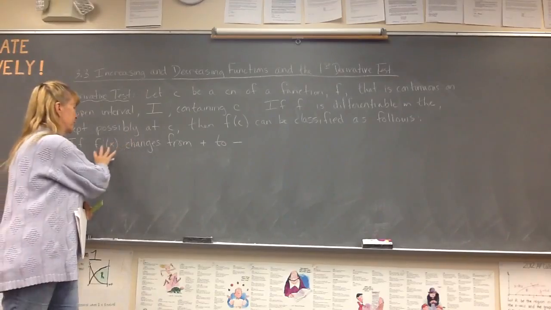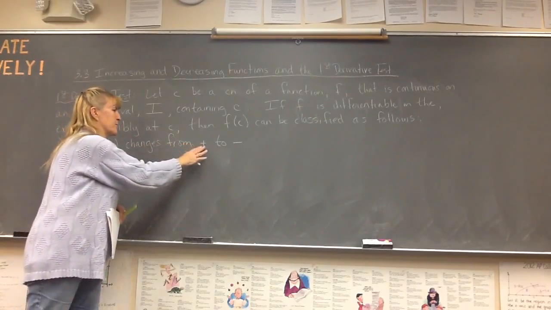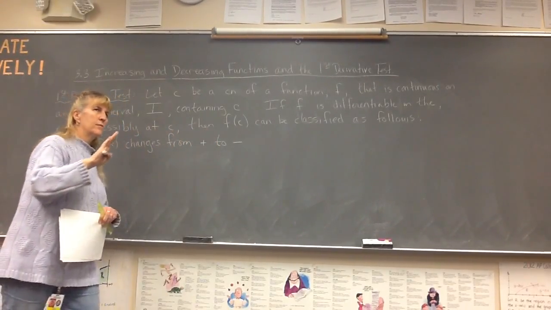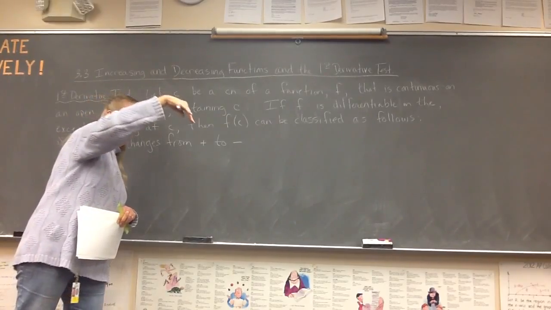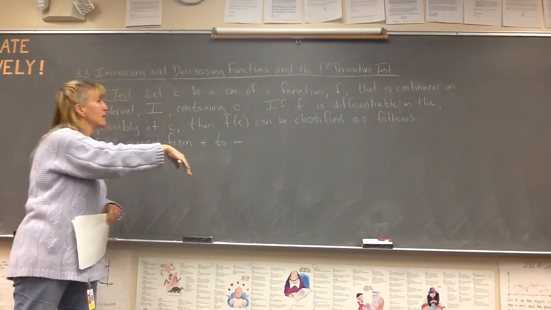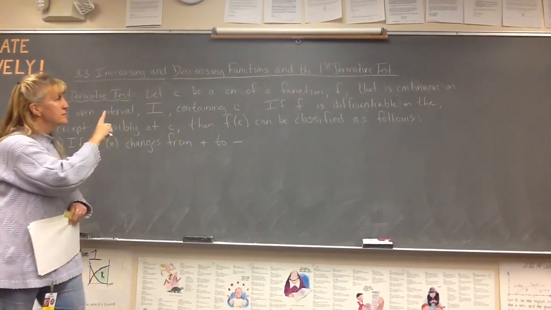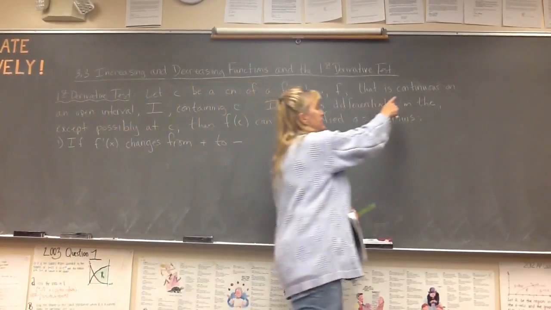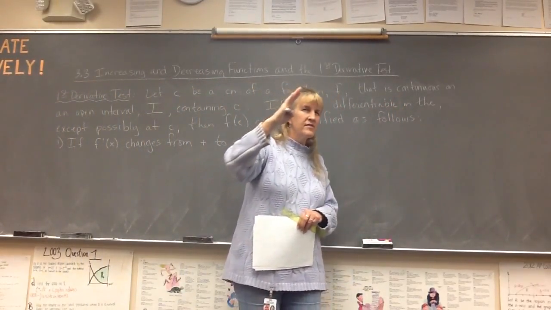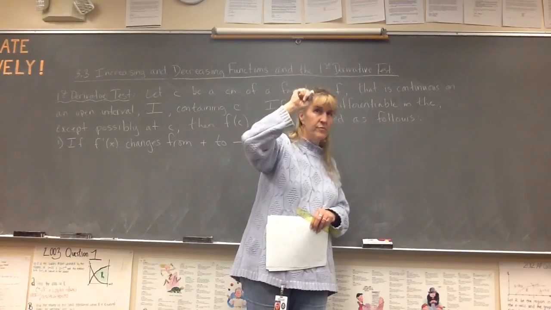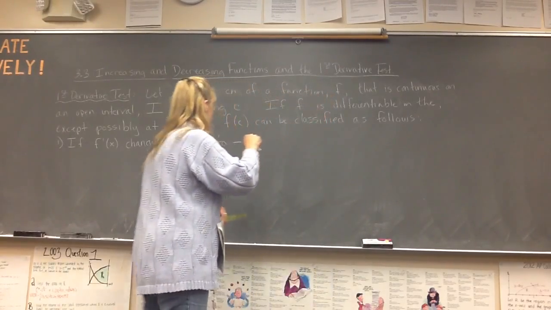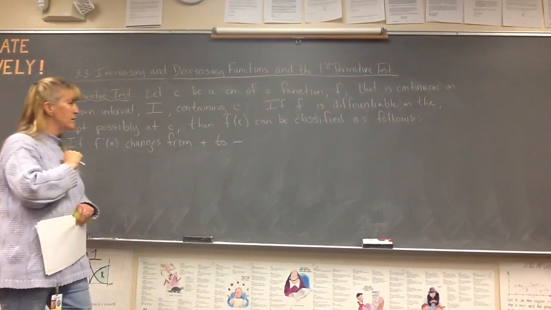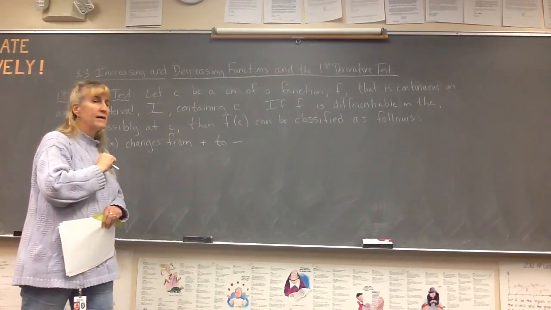F prime, which is my slope, is changing from positive to negative. We're going positive, and then all of a sudden we're going negative, and yet we are continuous, right? The function is definitely continuous. So the only way that we can go from positive to negative is to go right through that high point. So what do you think f of C is going to be called? It's going to be a relative maximum.